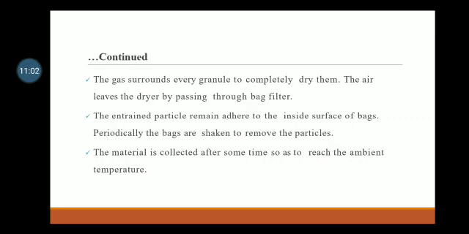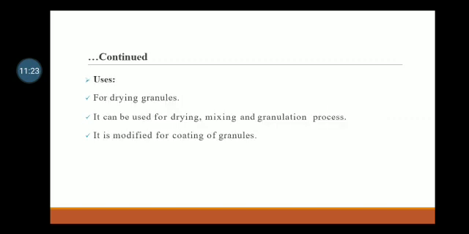The gas surrounds every granule to completely dry them. The air leaves the dryer by passing through a bag filter. The entrained particles remain adhered to the inside surface of the bags. Periodically, the bags are shaken to remove particles. The material is collected after some time so as to reach ambient temperature.